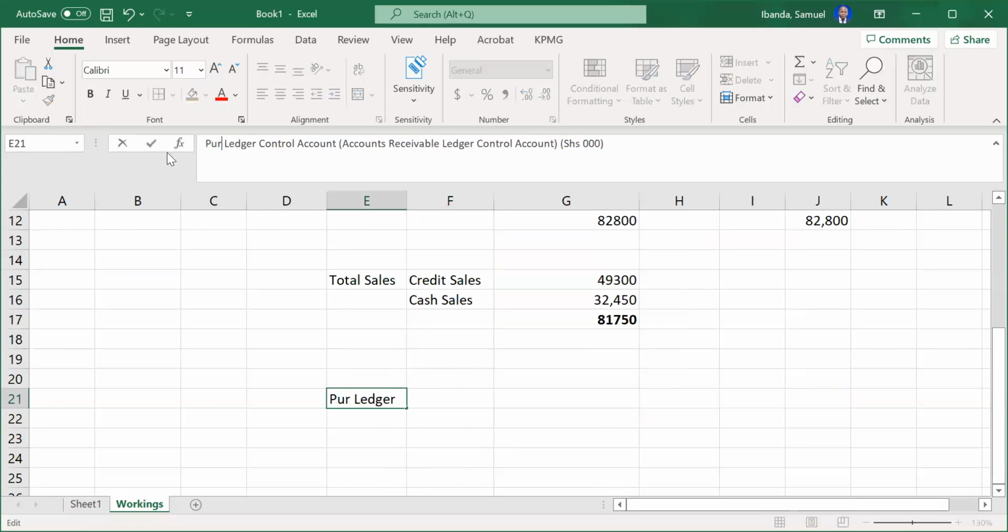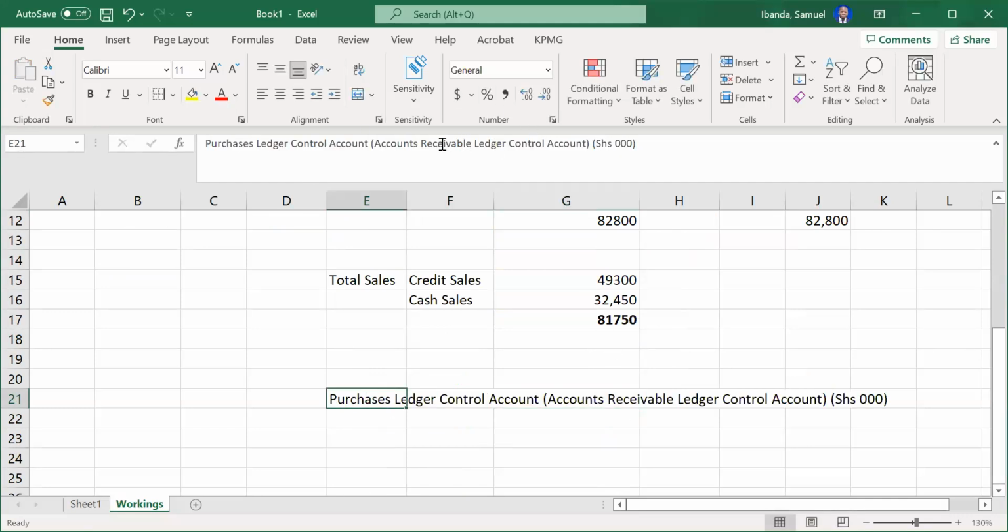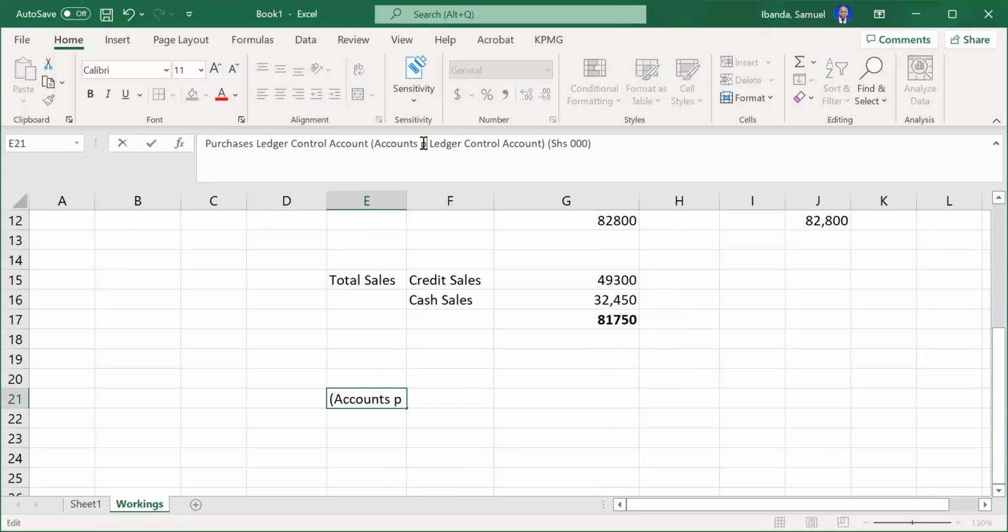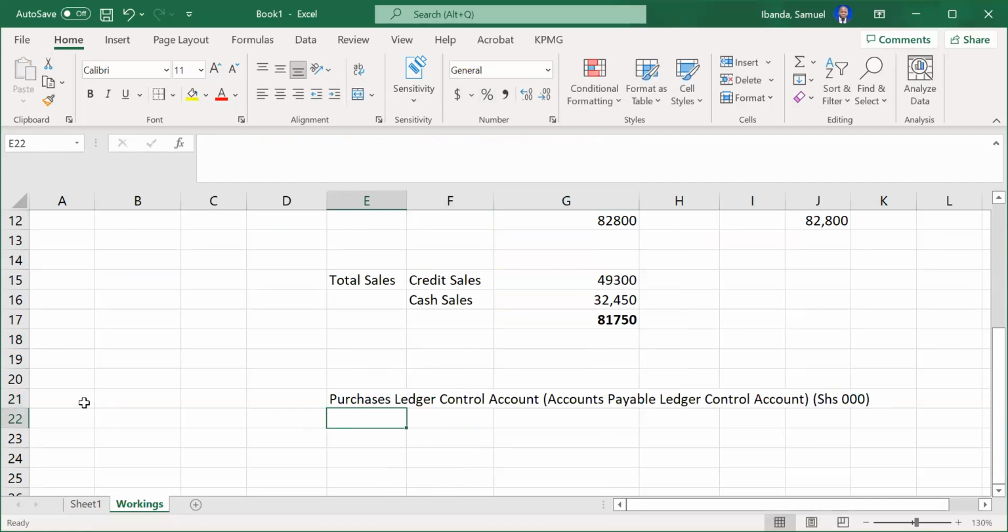So this one will be called a purchases ledger control account, and this one we call accounts payable ledger control account.